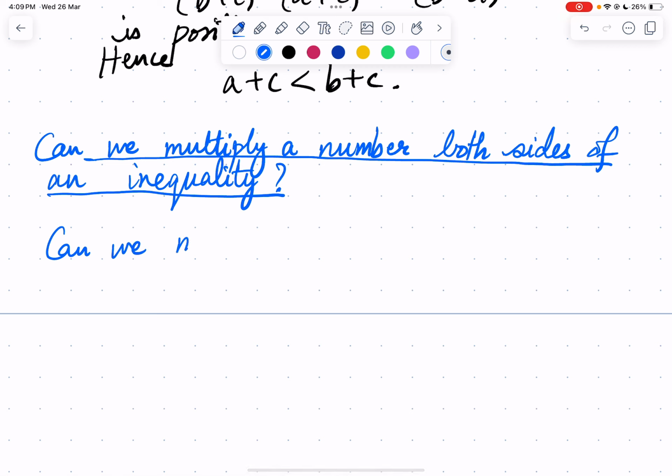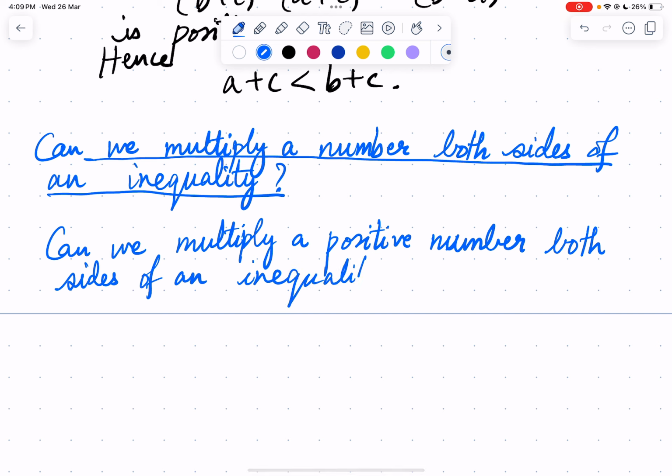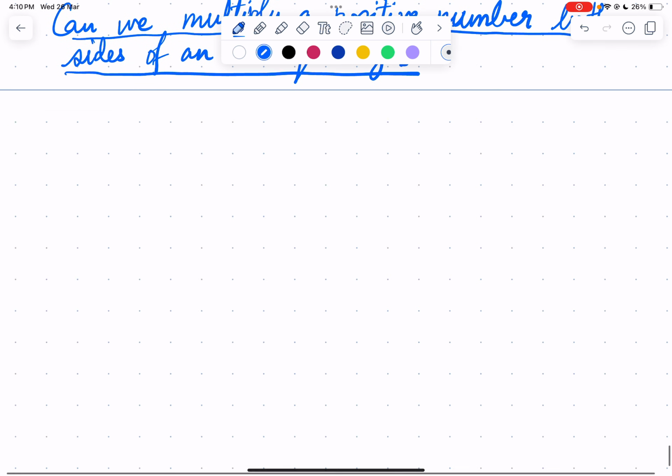Can we multiply a positive number to both sides of an inequality? So it turns out yes.